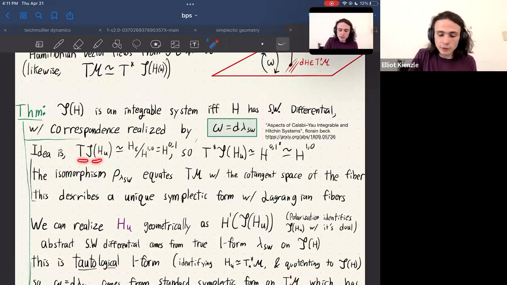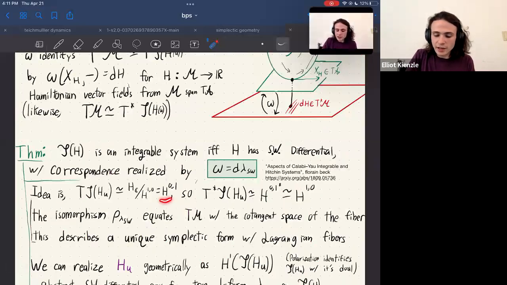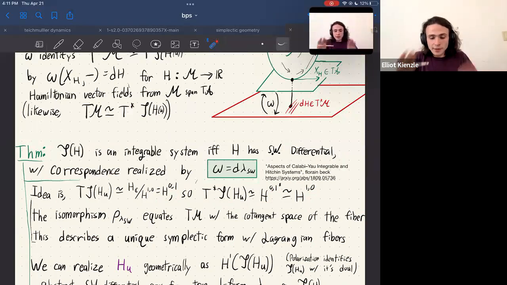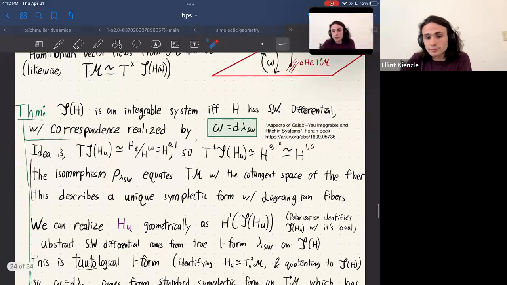Because the tangent space of your abelian variety, thinking of it as this transverse direction here, is naturally identified with the anti-holomorphic stuff. So the dual of the anti-holomorphic stuff, the cotangent space, is going to be your holomorphic things. So the isomorphism that captures the abstract Seiberg-Witten differential is exactly what you need to equate the cotangent space of the base and the tangent space of the fiber. And you get a unique symplectic form.